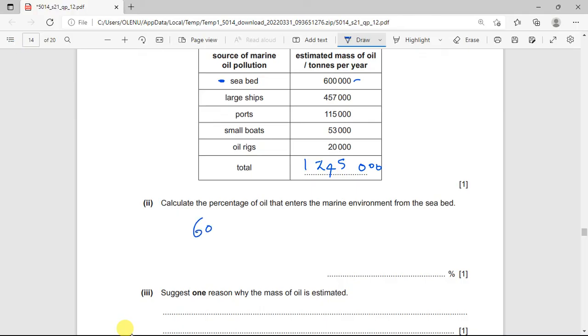The percentage is 600,000 divided by 1,245,000, times 100. If you do that, what you get will be 48.2%.